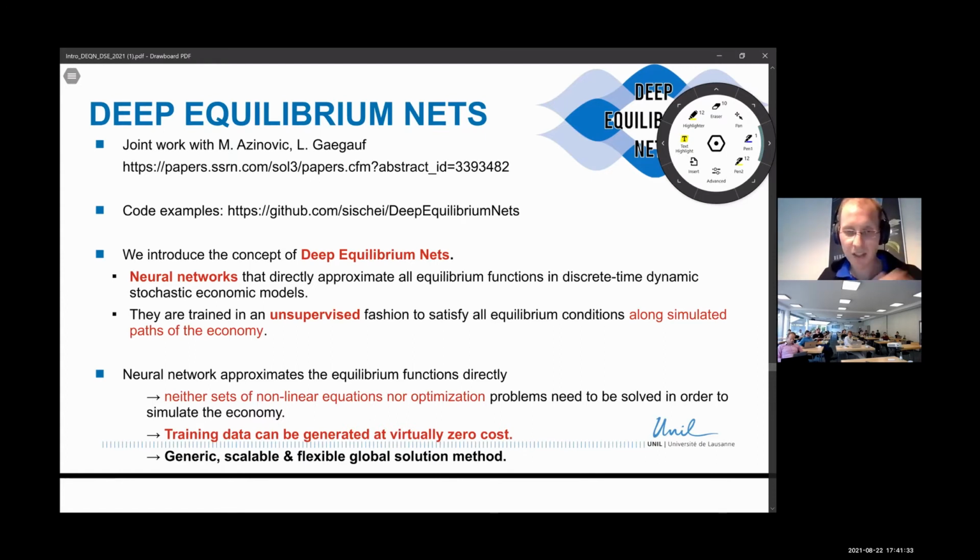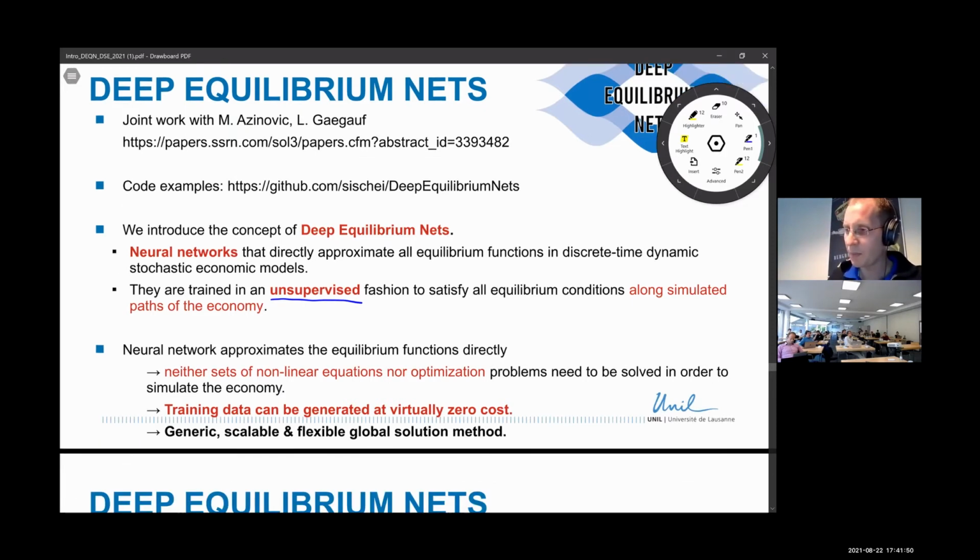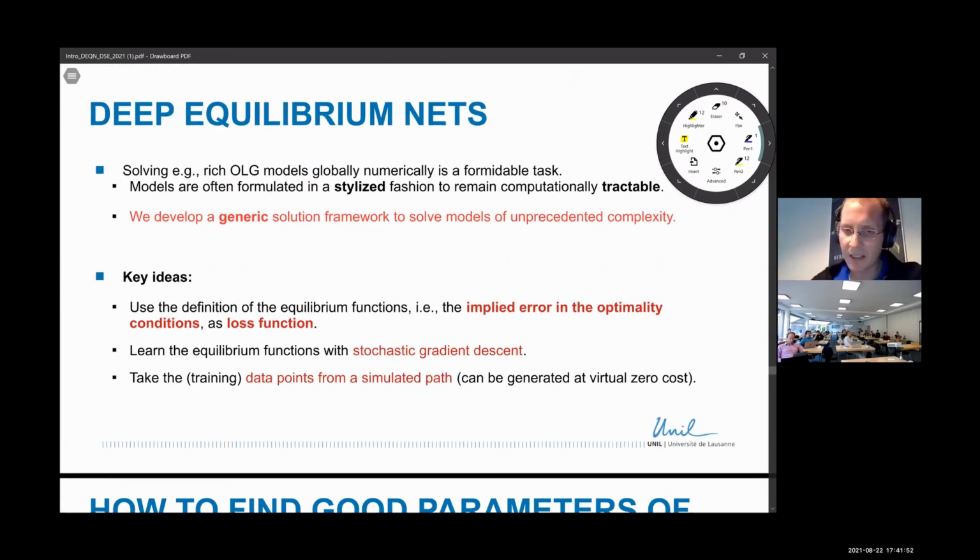It's a method based on unsupervised machine learning, as you will see. Now let me go to the nuts and bolts of the basic ideas of deep equilibrium nets.